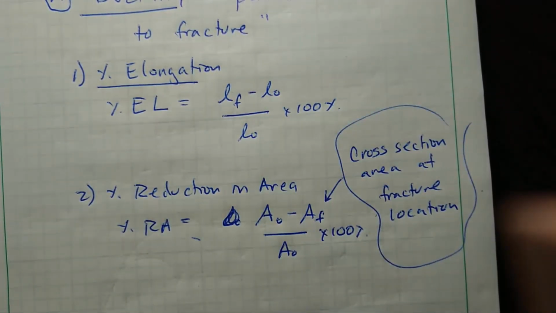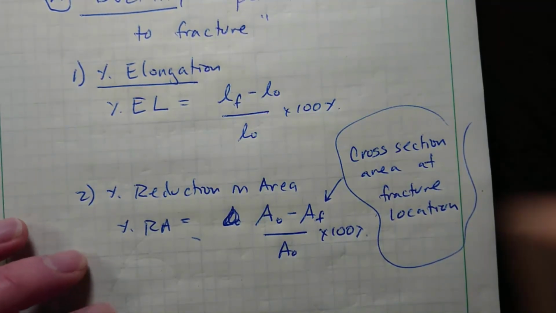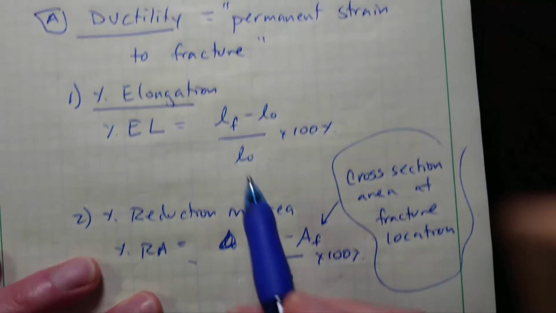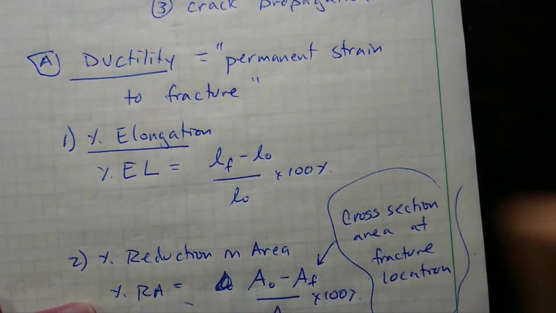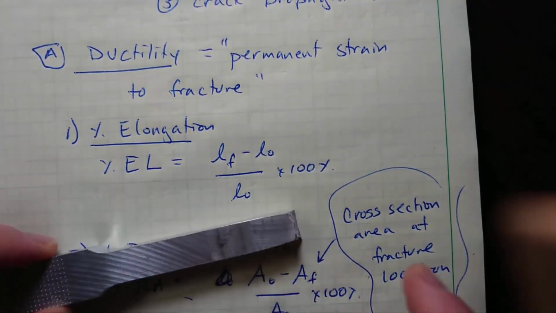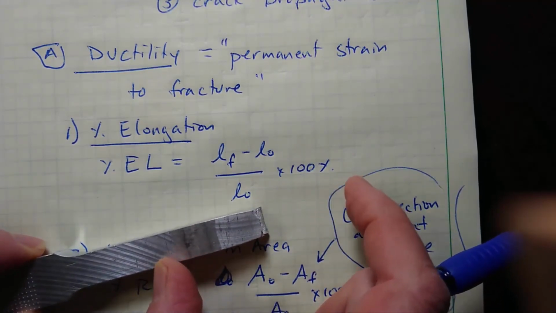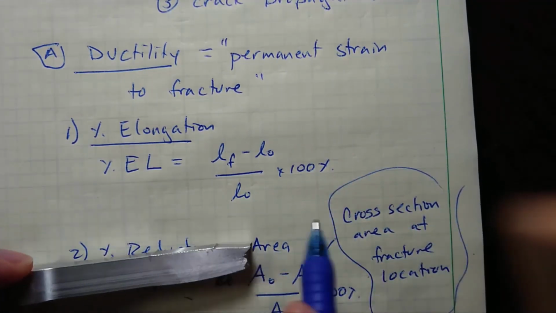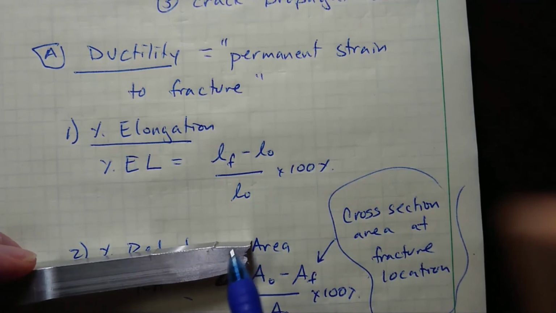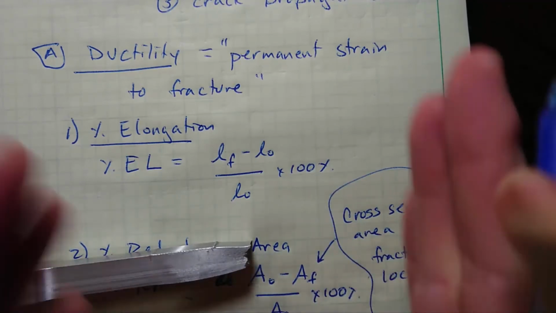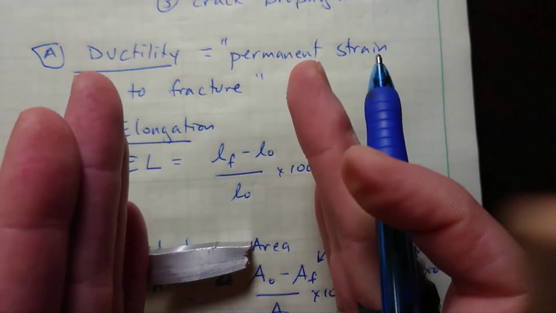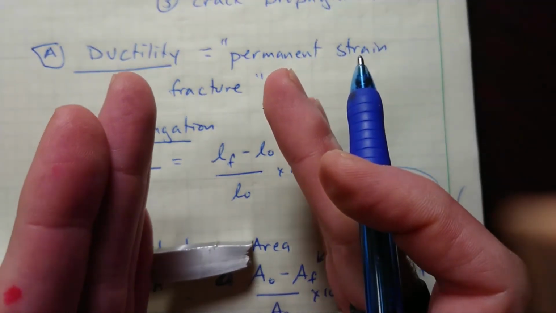Usually when we're talking about ductility, the percent reduction in area is what we want to use, because the final gauge length is not so great. If we were measuring it with a clip-on extensometer, it's not such a great measure of ductility, because once necking begins, we get a lot more deformation in the metal at that point than we do over the average length of the sample.